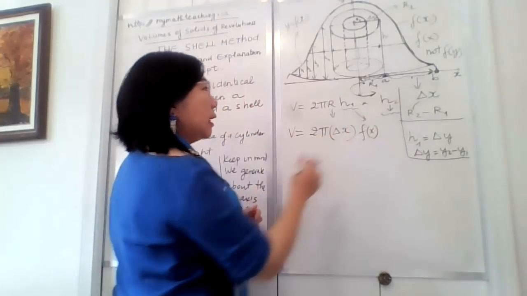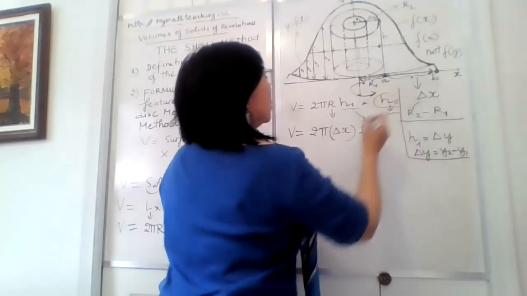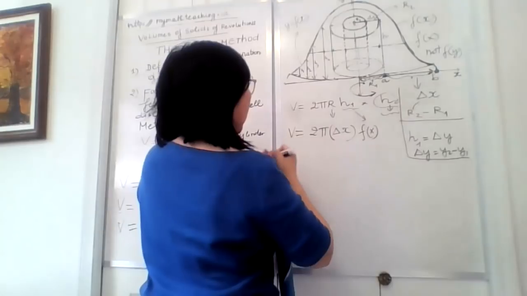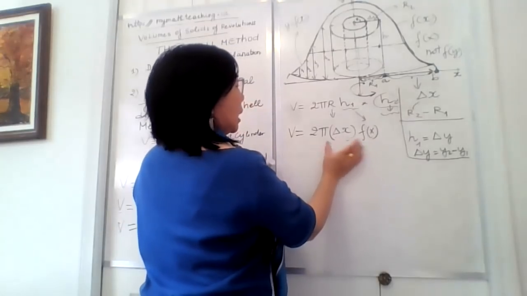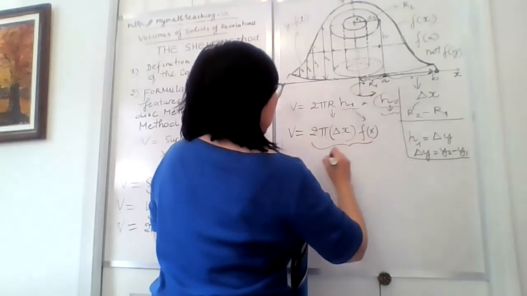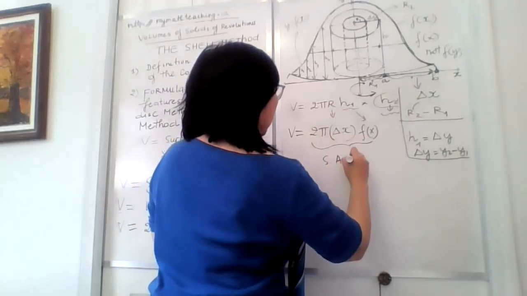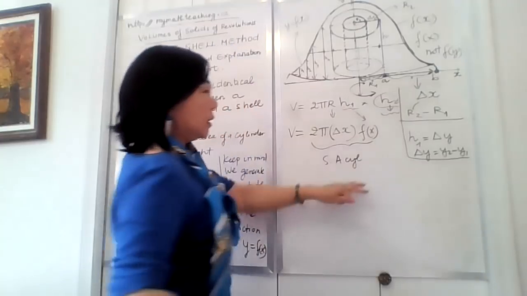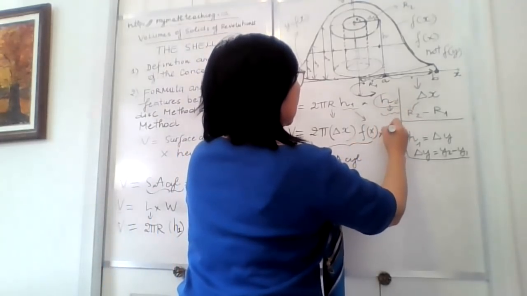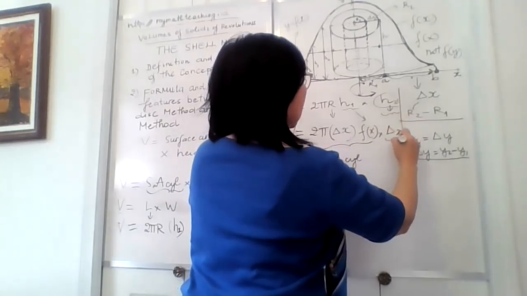Okay, now what about this one? What does that mean? Here we're just talking about the surface area, right? Our surface area is this one. This is the surface area of a cylinder. But what about this? This is delta x, the thickness, right?